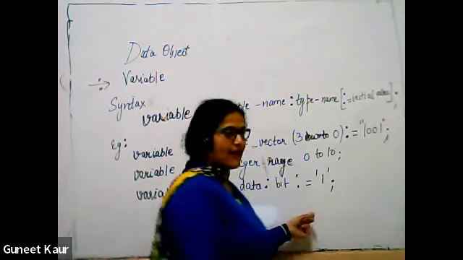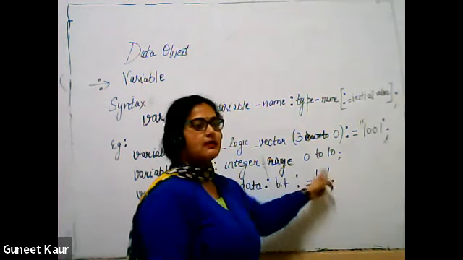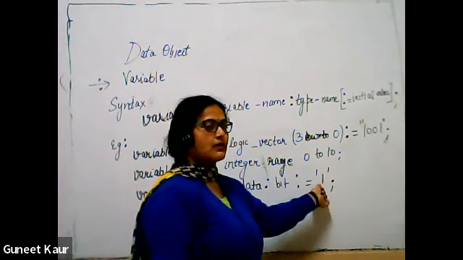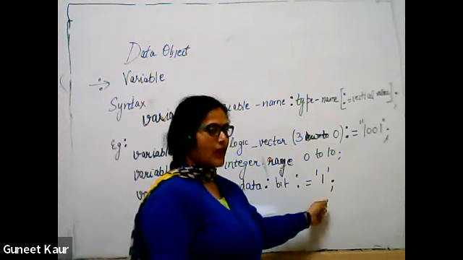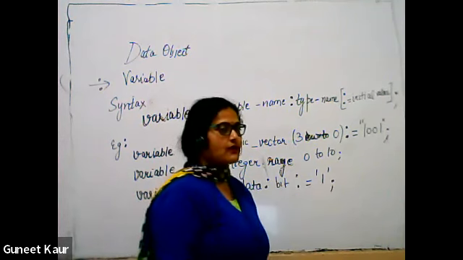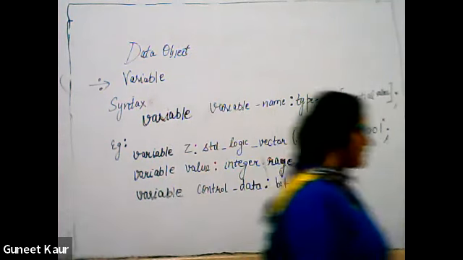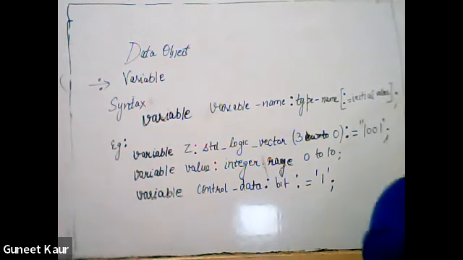But if I am passing only a single bit, then I have to put it in single quotes. So '1' in single quotes is the initial value for the bit, ending with a semicolon. So this was the example and the syntax used for the variable data object.